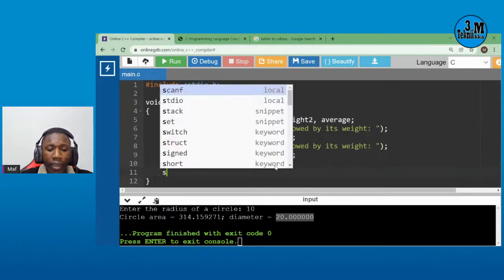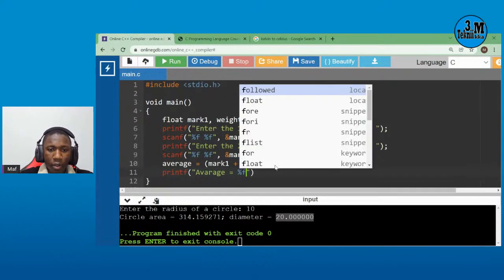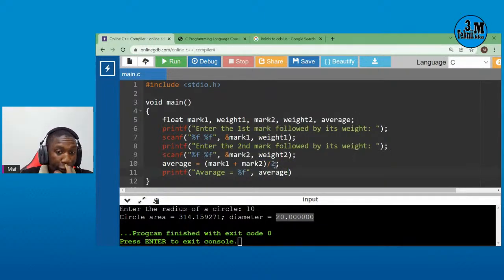And then printf the average, equal to the variable average, which is a float. Okay, that will be something like this.